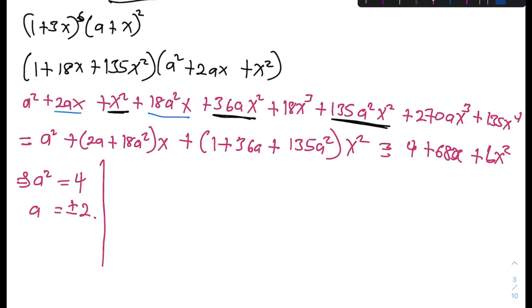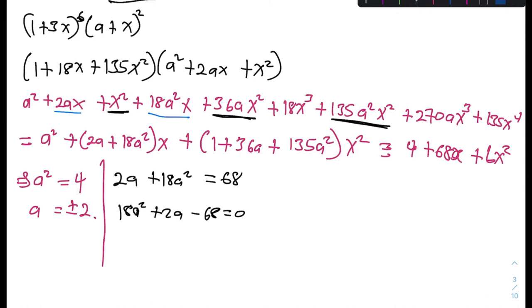Then if you compare the coefficient of the x, all that you have in this bracket is equal to 68. So we have 2a plus 18a² is equal to 68. This is a classic quadratic that I believe we can work with, but unfortunately, I'm just going to put it on the calculator and get my answer, since the question is not about quadratics.